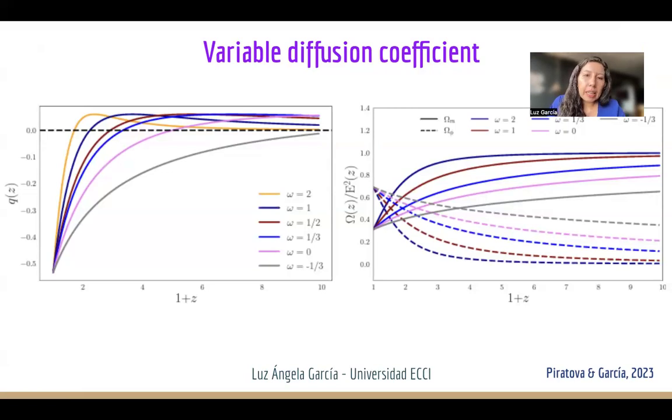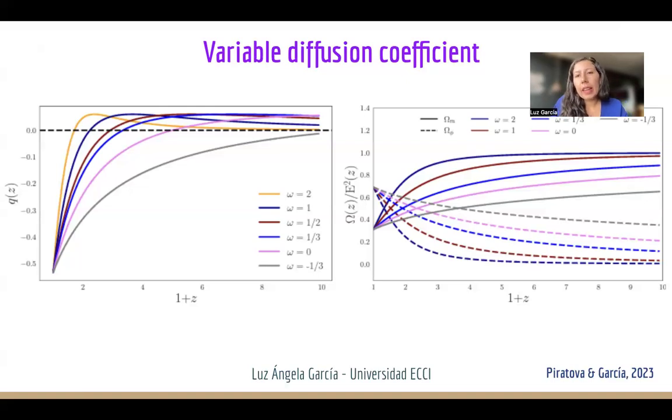So basically, this shows us that the minimum value that the equation of state can take, in this case with a variable diffusion coefficient, is -1/3. This is already an interesting result because we know that in order to have a diffusion and an accelerated expansion at late times, we need to ensure that omega has to be at least -1/3 or lower than that.